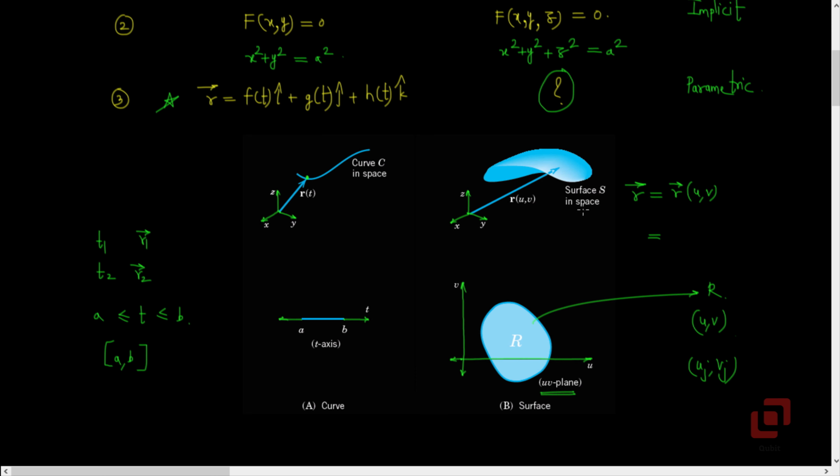So we can define the surface as f of u, v i cap plus g of u, v j cap plus h of u, v k cap. That is to say, the x coordinate, the y coordinate and the z coordinate of any point on this surface will be a function of two parameters u and v.